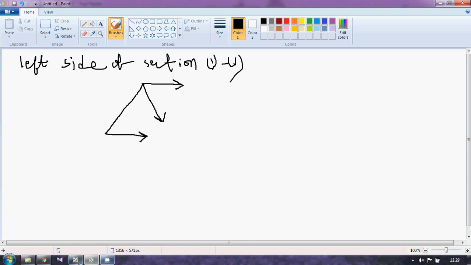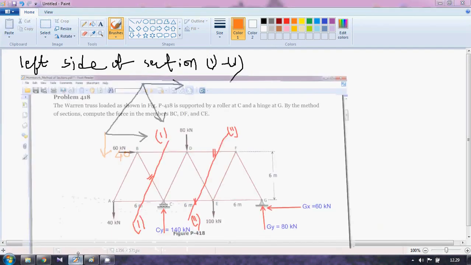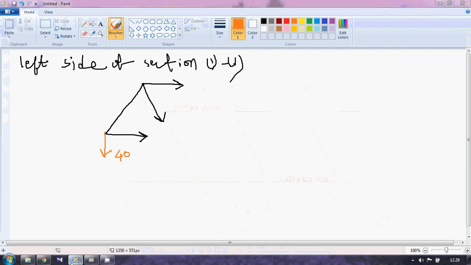So what about the point? I have a 40 kilonewton force here. So this is the 40 kilonewton applied force at point A, and 60 kilonewton here, like this.